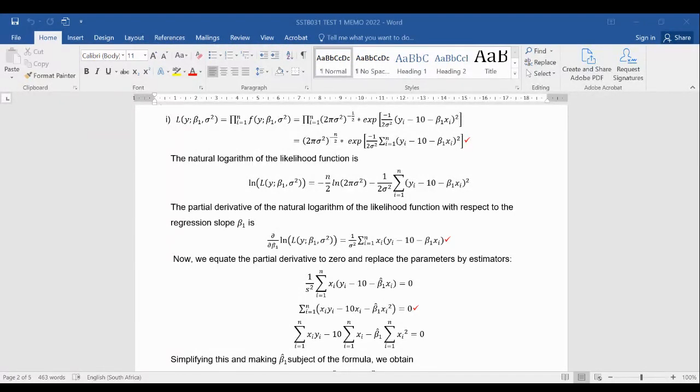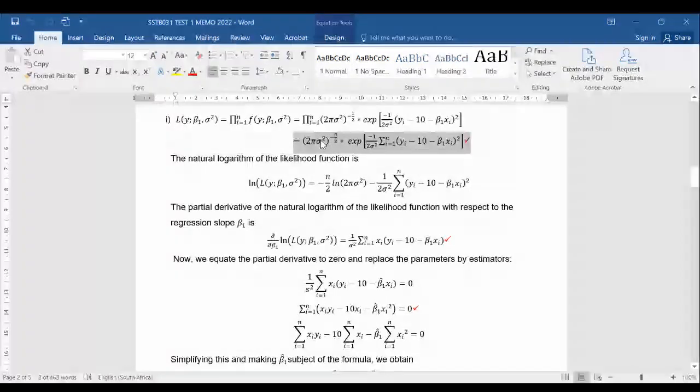Now, you have the likelihood function. Having a correct likelihood function, you get a mark for that. You cannot say you want the mark for taking the log. You didn't do anything there. There is no mark for that. You have the correct partial derivative, you get a mark for that.